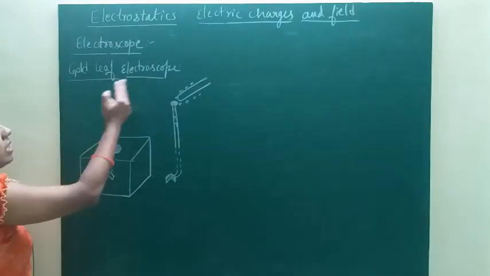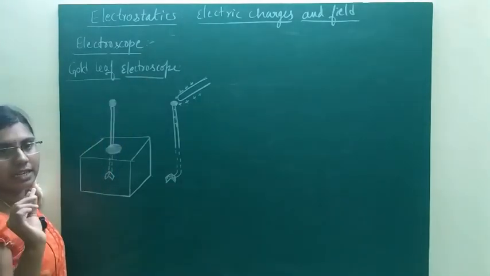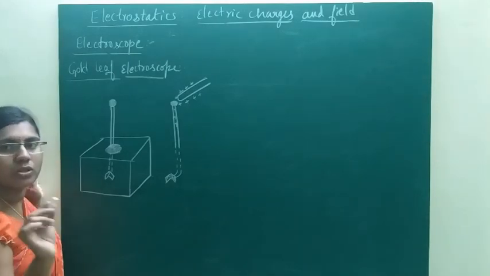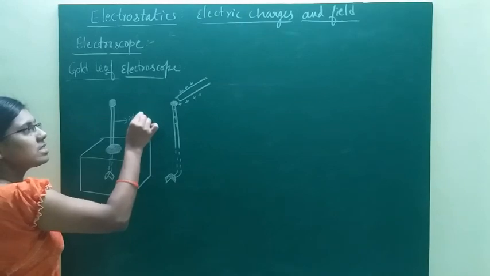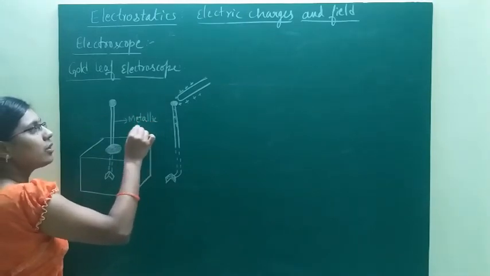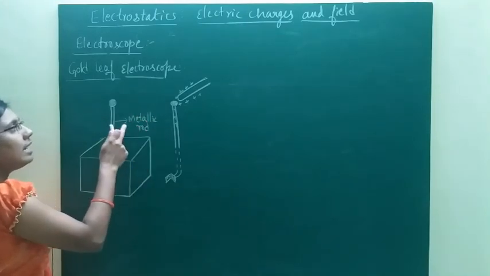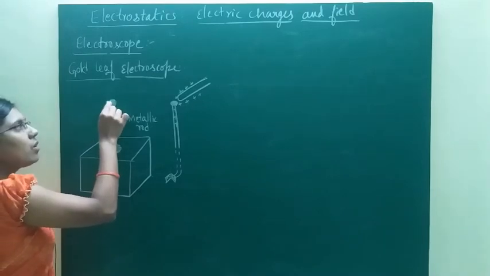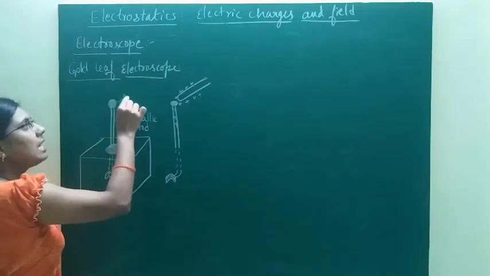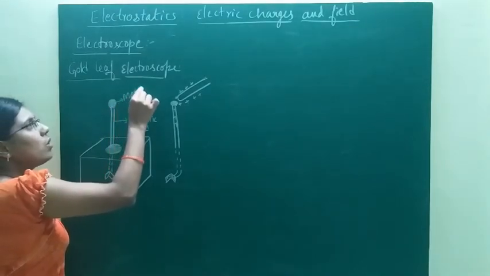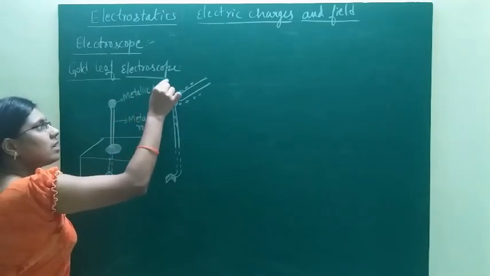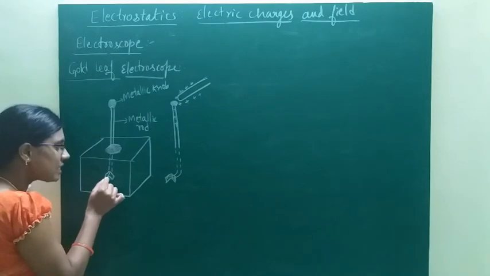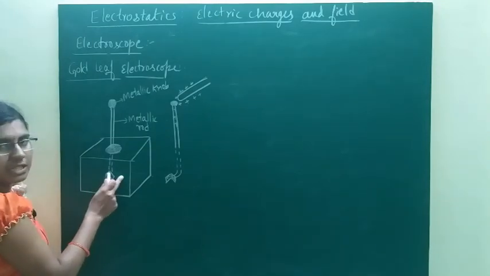So how is this gold leaf electroscope constructed? It consists of a metallic rod. The upper end of the metallic rod has a metallic knob, and the lower end of the metallic rod is fixed to the gold leaves.